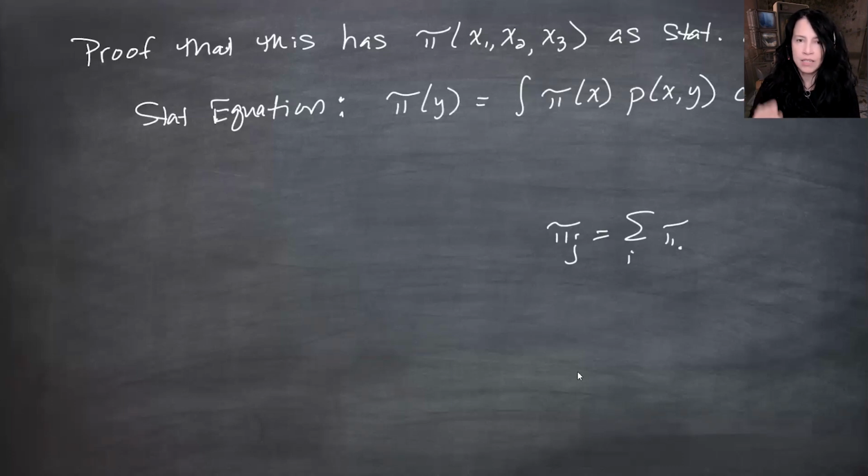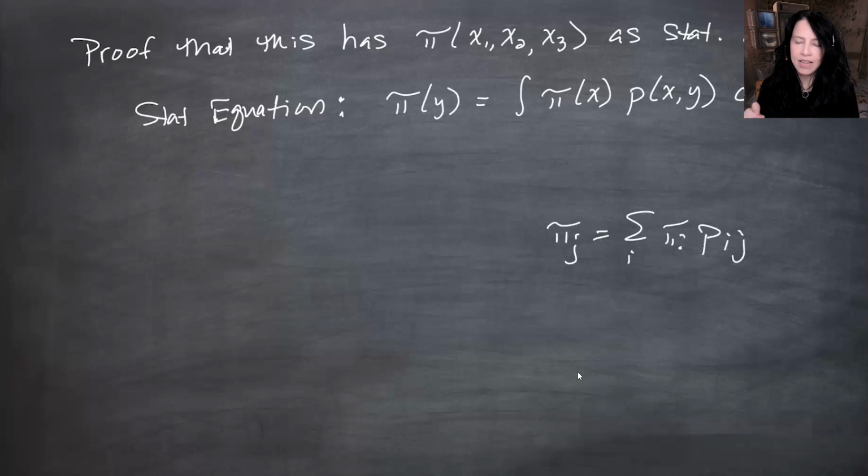That was the continuous state space version. Yeah, you are correct, this only works if you know the conditional distributions. But this is the version of the stationary equation for continuous state space.